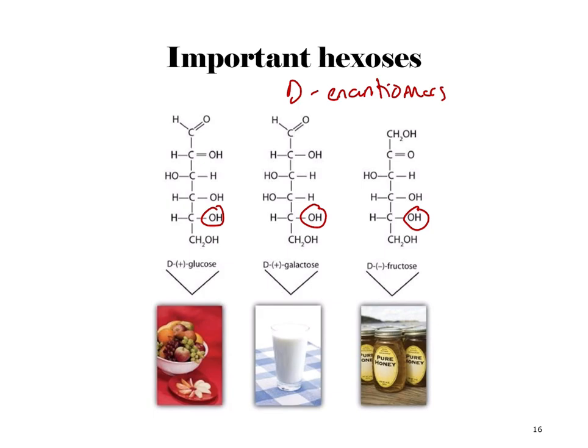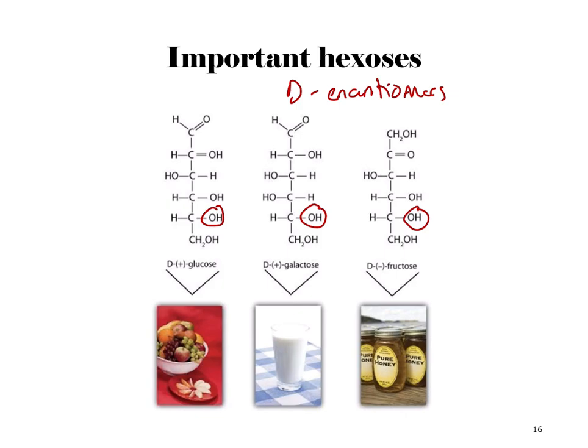Like I said, I'm not going to have you memorize what the specific structure of glucose is, but I'll tell you it's glucose and you classify it based off of that, right? So we see galactose and glucose are both what kind of carbohydrates? How would you classify them? They're aldoses, right?